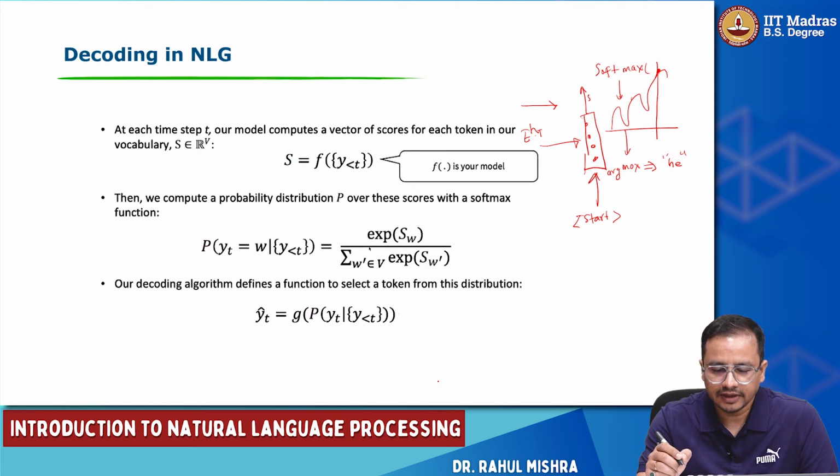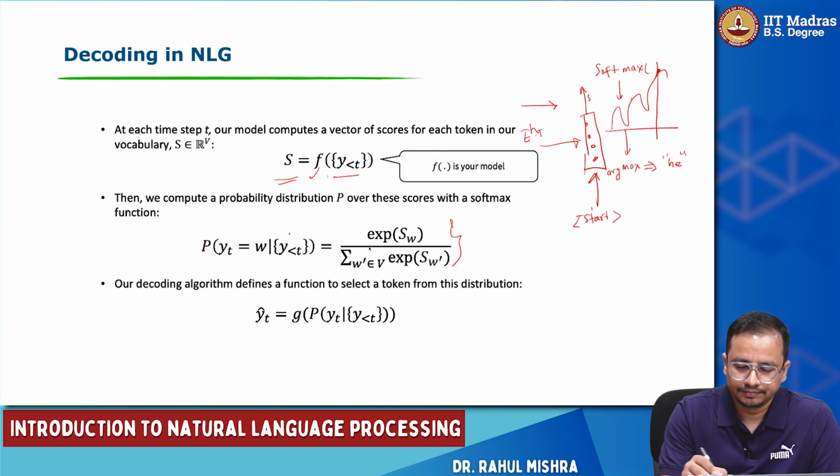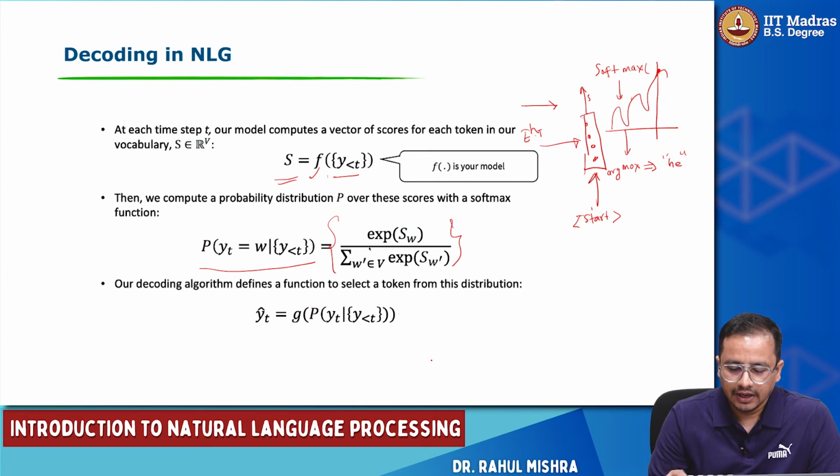Let's have it in a more formal way. Let's say this yt you have generated, and this model generates the score for this yt. You apply the softmax function on top of it, and you get the probability distribution over your vocab.